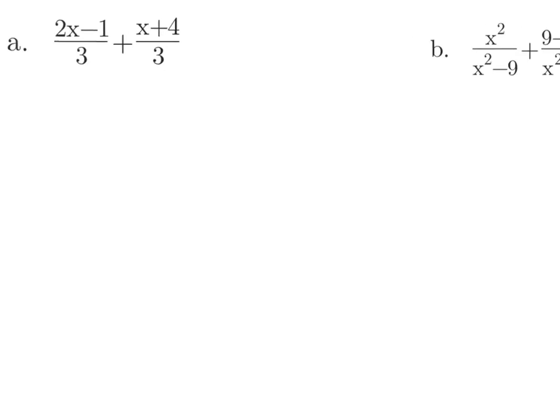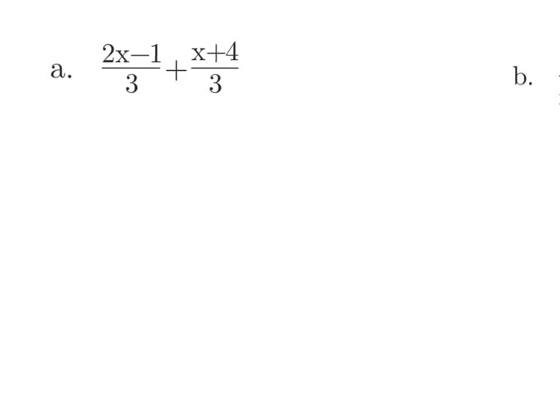If we look at example A, we have 2x minus 1 over 3 plus x plus 4 over 3. Note that we have the same denominators, and so we can go ahead and combine this into a single fraction.